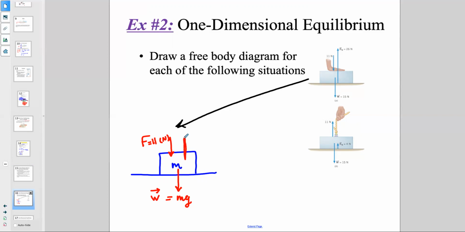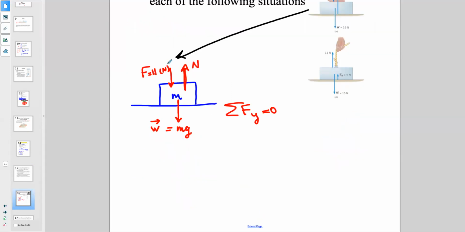So the normal force, normal to the surface with an angle of 90 degrees, which is N, okay? And all the forces along the y direction should cancel out. So sigma F along the y direction should be 0, because the object is not moving, there is no acceleration, so they should all cancel out. In other words, we have two forces that are downwards, right?